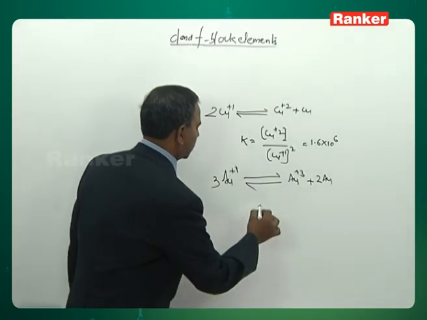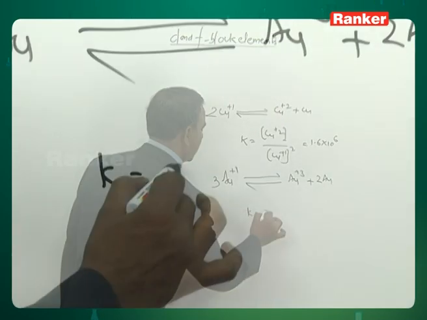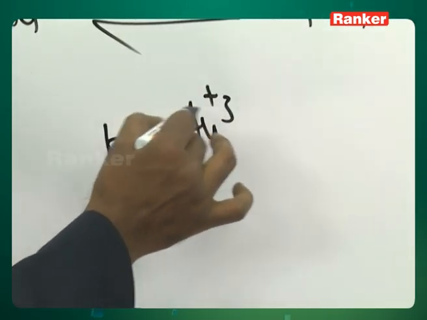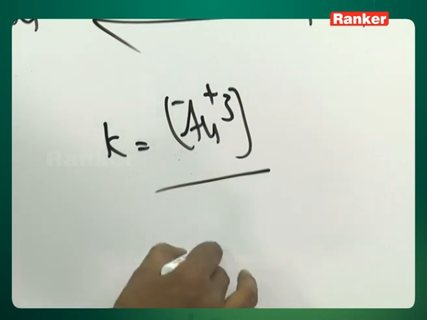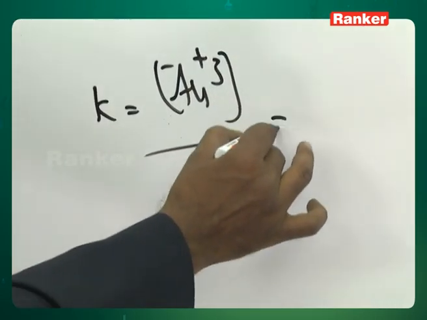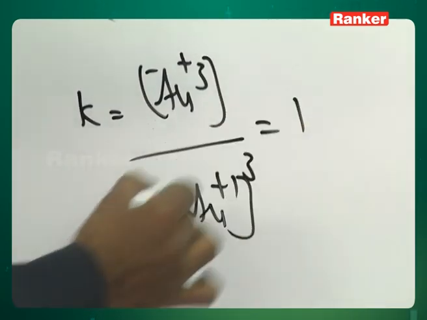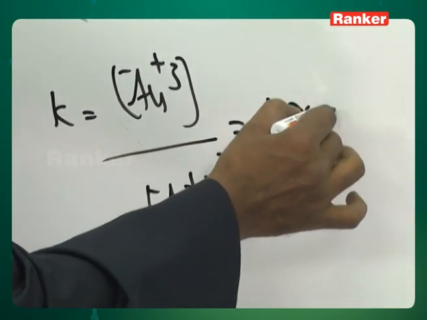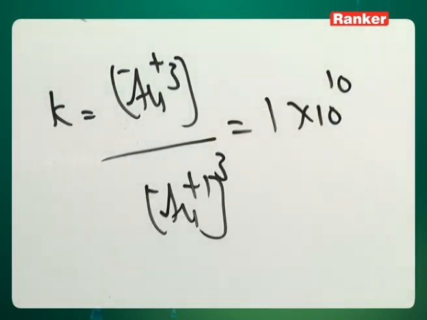Let us write the equilibrium constant K for this: Au plus 3 over Au plus 1 cubed. This equation's equilibrium constant value is found to be 1 into 10 to the power of 10.